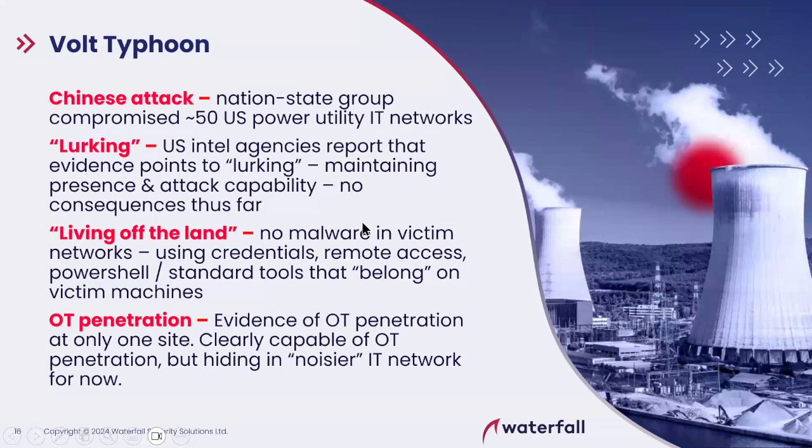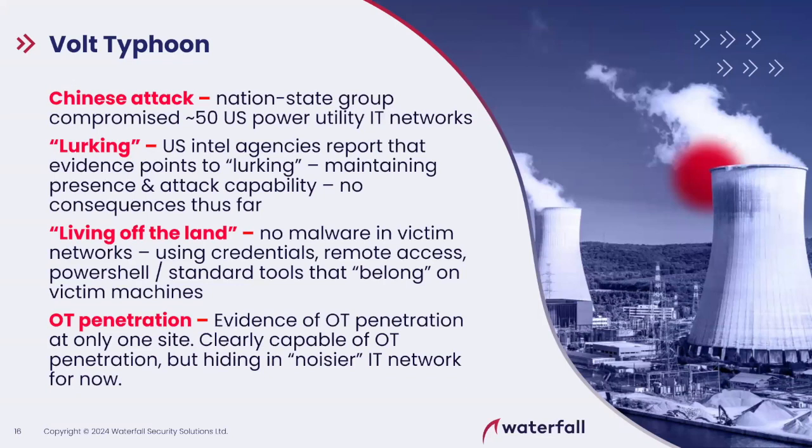What else have we got? Again, there's a lot in the threat report, but a couple of items. One is Volt Typhoon. Now, this is listed in the report as a near miss. It's not counted as an incident because in spite of more than 50 US power plants being compromised by this Chinese attack, there were no physical consequences.